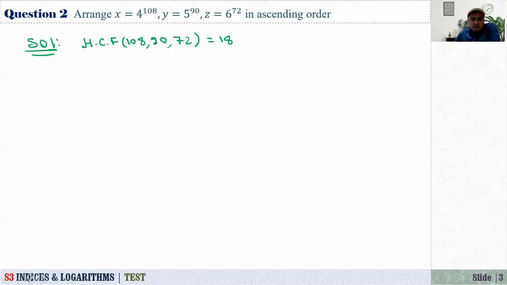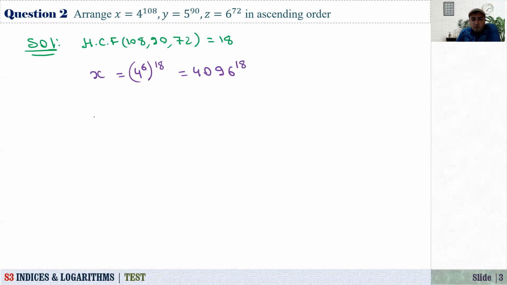So now we can write x as 4 to the power of 18 times 6, so that is 4 to the power of 6, and then to the power of 18. What is 4 to the power of 6? That is 4,096, so 4,096 to the power of 18.